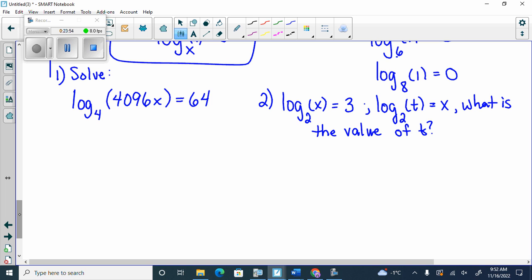Then you have 2 more. Log base b of 81 equals 2/3. Find the value of b to the nearest whole number.